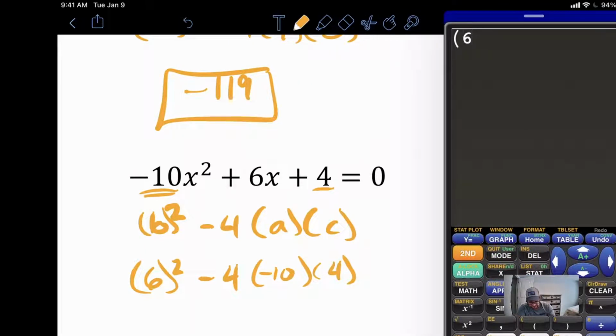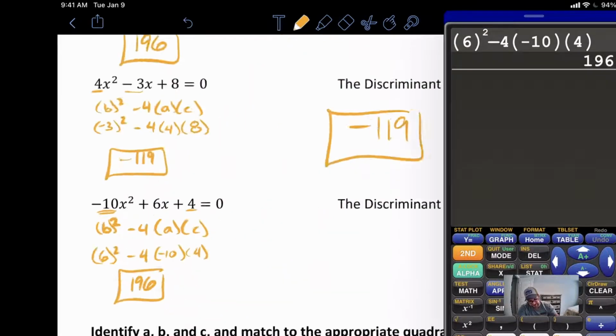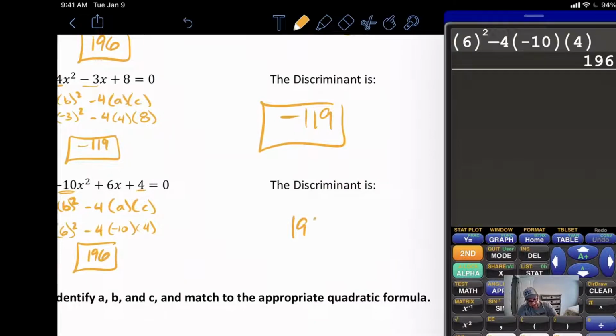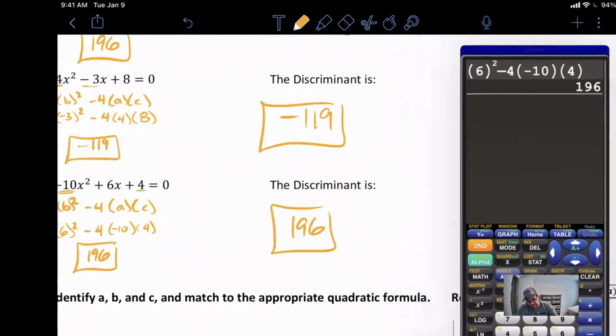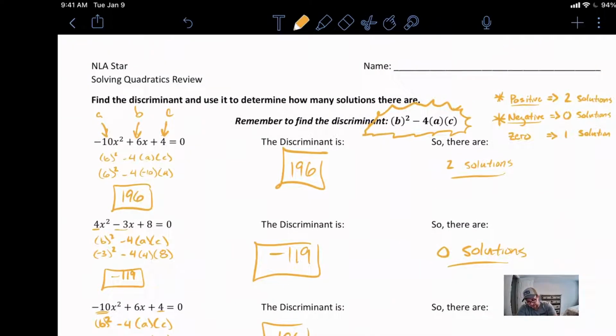Parentheses, 6 to the second power, minus 4 times a negative 10 times a positive 4 is 196. So that is our discriminant. And since 196 is positive, then we're going to get 2 solutions.